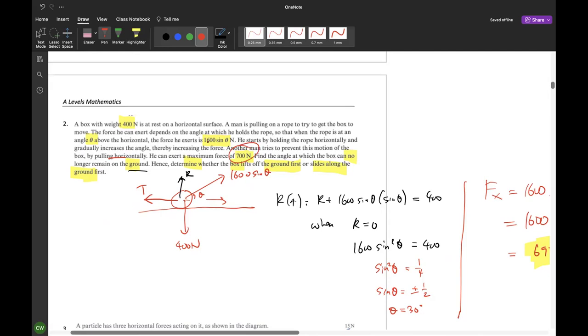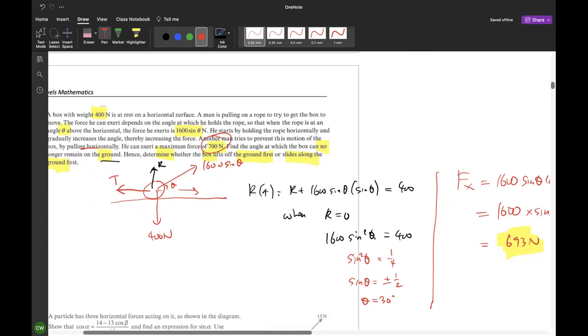When the angle is 30, you will lift up. Lift or slide? The answer is lift first, not slide. Why? Why does it lift first?